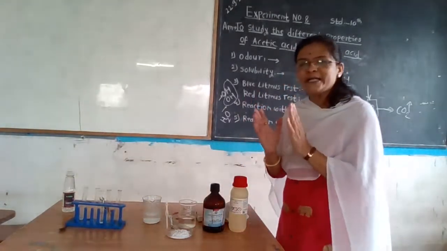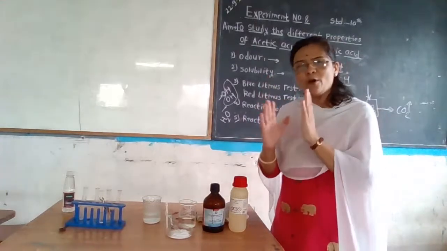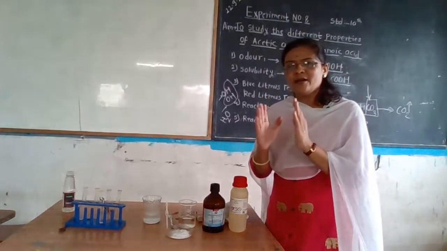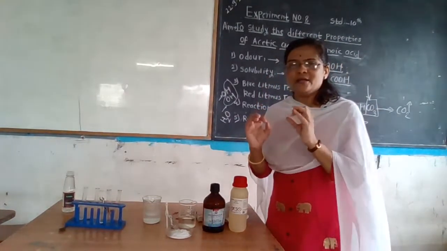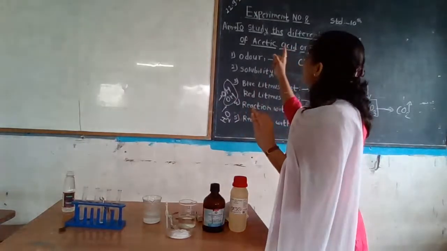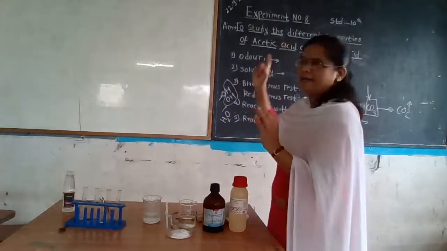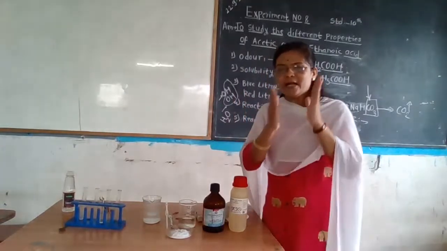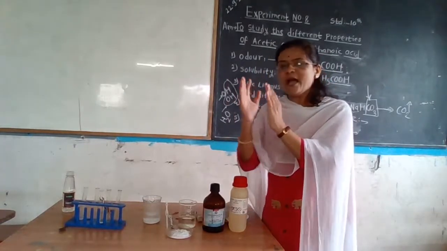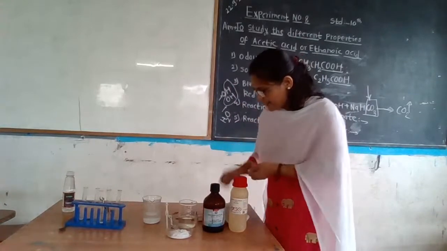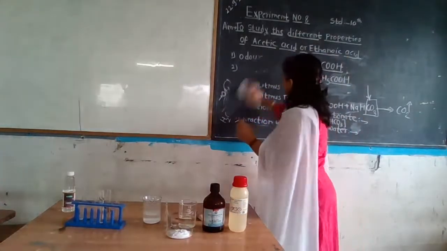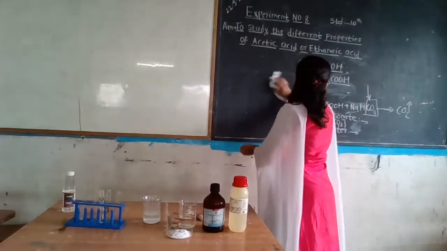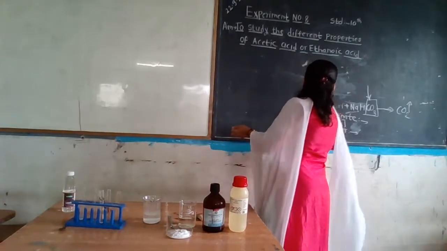The physical properties and chemical properties of acetic acid we learned, and you have to write the experiment and the observation table. In the observation table, test, observation and inference, like that you have to write in your journal or practical manual.